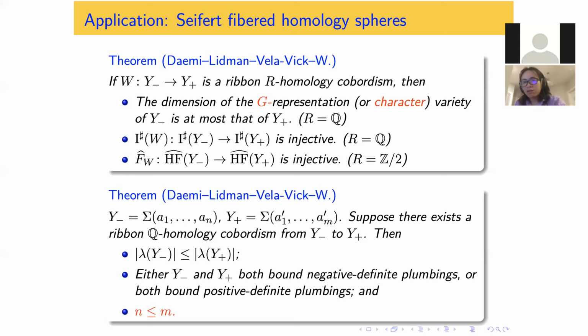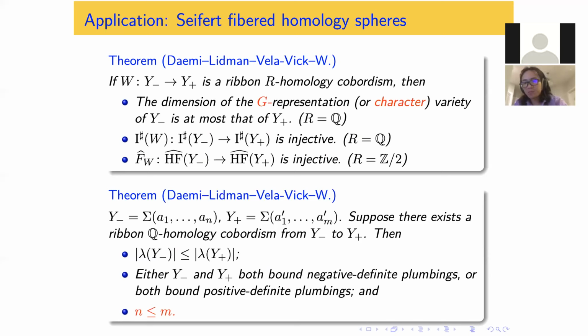So the trick here is that Fintushel and Stern proved that for a Seifert fibered homology sphere, the Zariski tangent spaces have dimensions 2t minus 6, where t is an integer smaller than n.